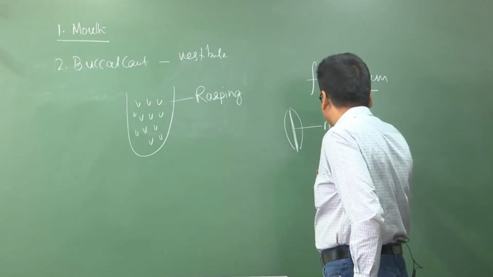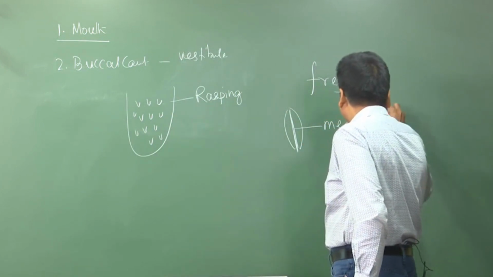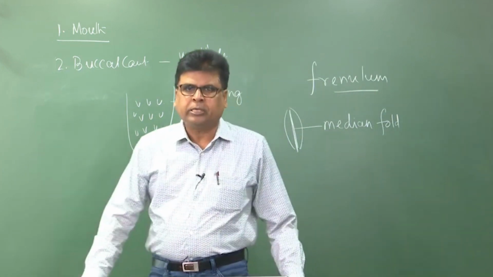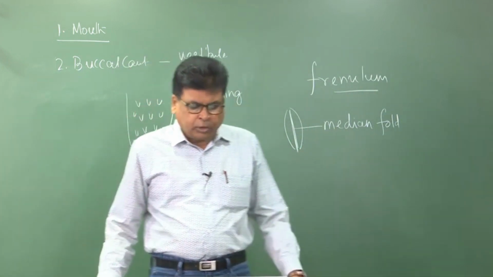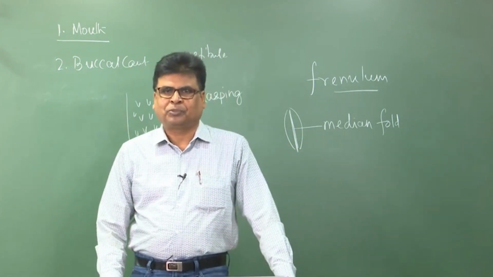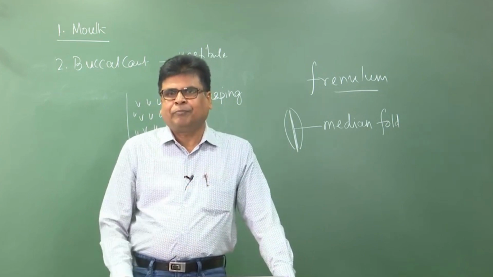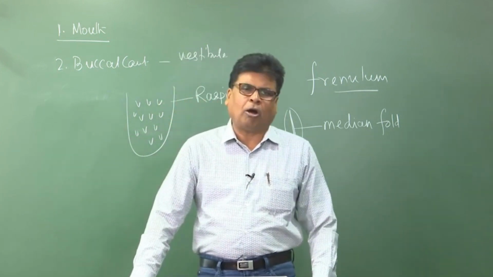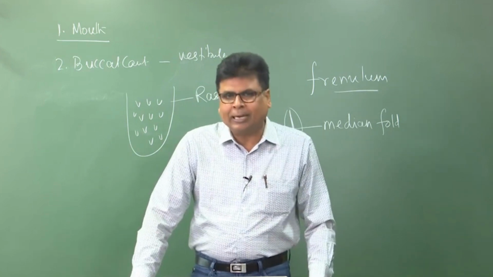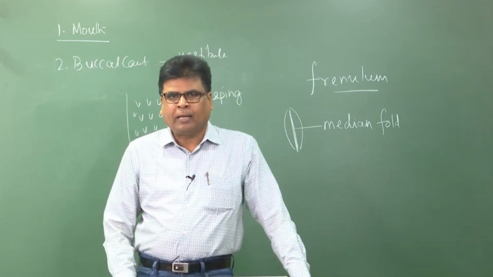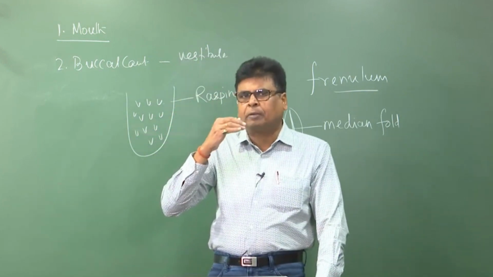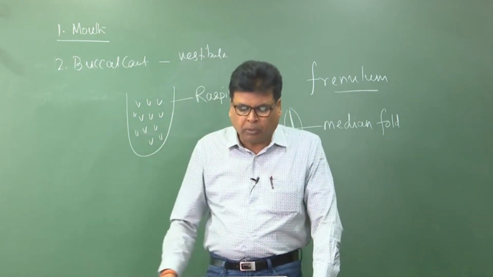This median fold, known as the frenulum, joins the tongue to the floor of the mouth. This is the most important feature of the tongue of the mammal. So in mammals one median fold is there, called the frenulum, and this frenulum joins most of the tongue with the floor of the buccal cavity.